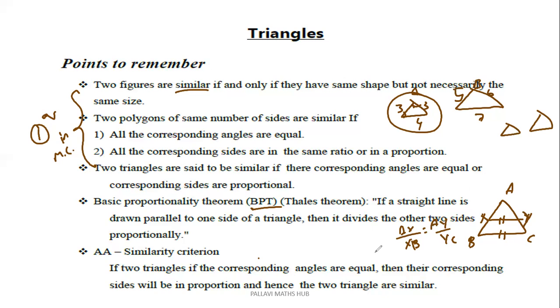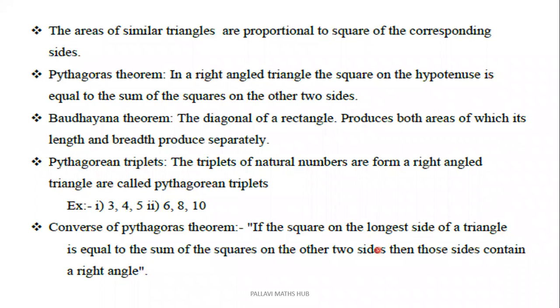Next, the area of similar triangles is proportional to the square of the corresponding sides. Yes, in a multiple choice question, they will give two figures, A, B, C, D, E, F. They will give: area of triangle ABC is to area of triangle DEF is equal to dash.